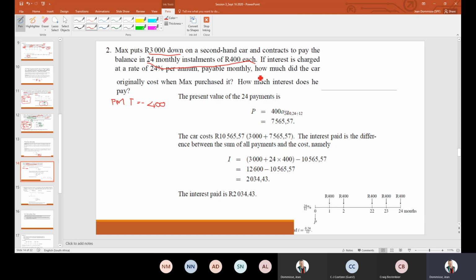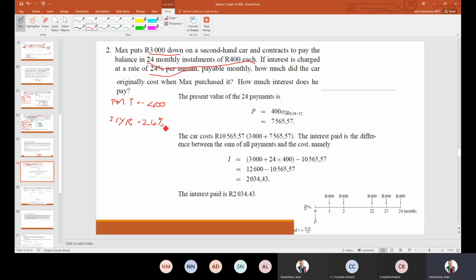You are going to work out the present value, so your future value is actually 0. Your interest is charged at a rate of 24% per annum. That's a lot. You can see this was done in the time when interest rates were really high, nearly like a personal loan kind of interest rate.